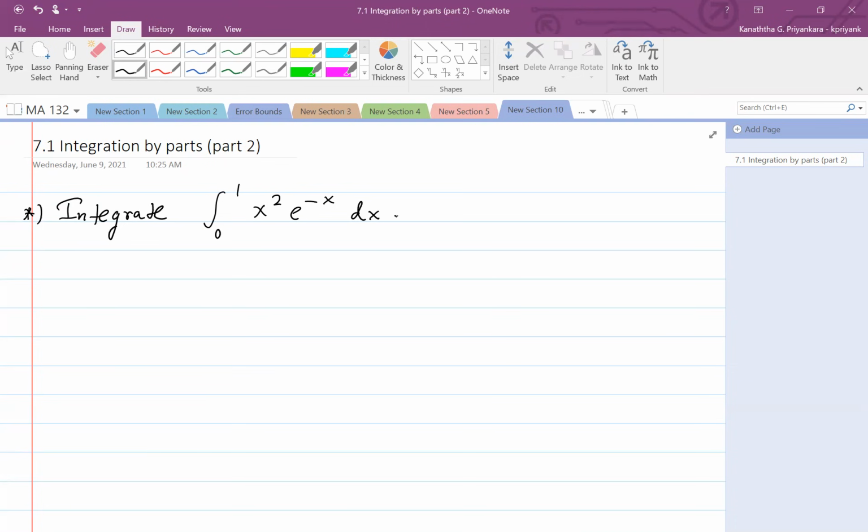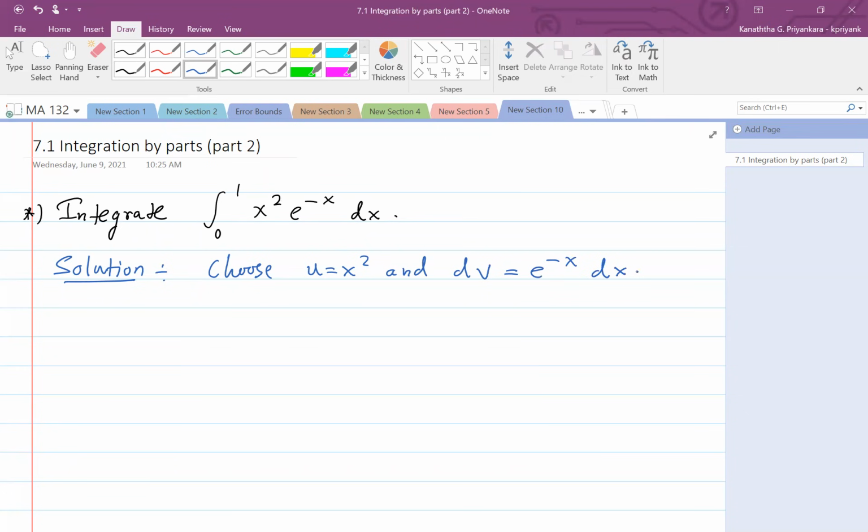So we need to use integration by parts and figure out u and dv. In this case, I will go with u equals x squared and dv as the rest, which is e to the power negative x dx.